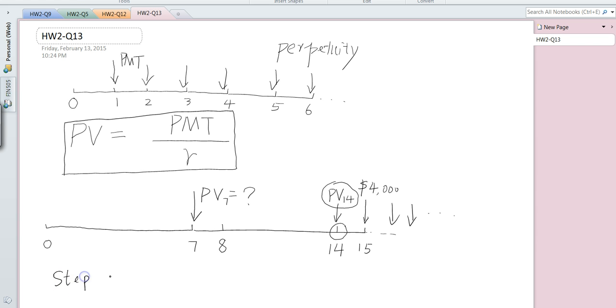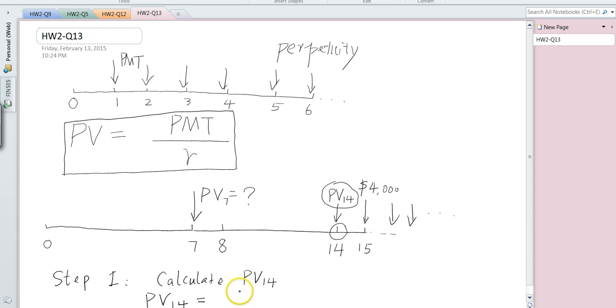Step 1, calculate present value in terms of year 14. Okay, so this is very straightforward to do. Present value of year 14, that equals, we can directly apply that formula.